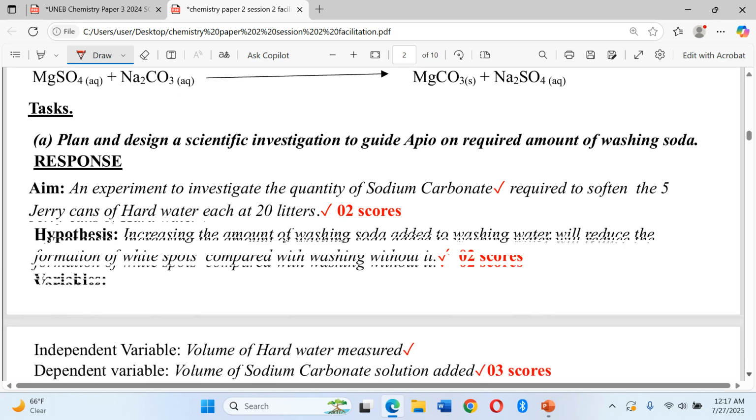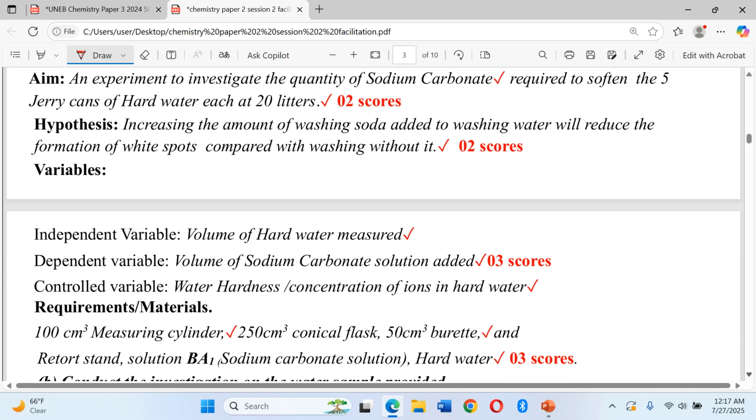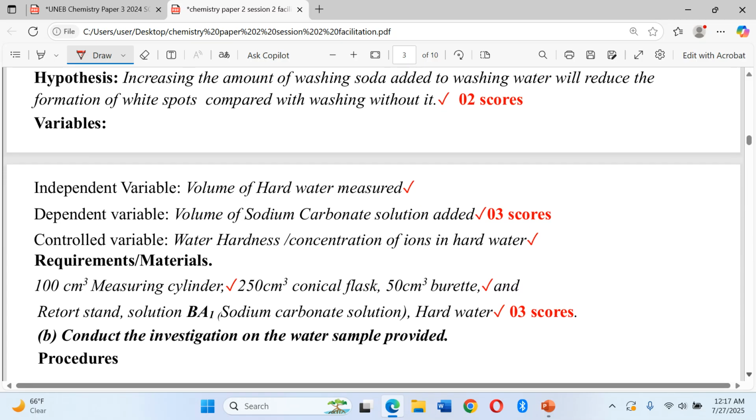Okay, what are the variables now? We have 3 variables: the dependent, independent, and controlled. The independent variable is the volume of hard water measured.